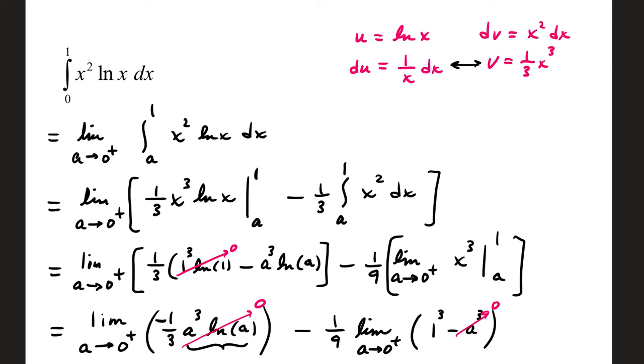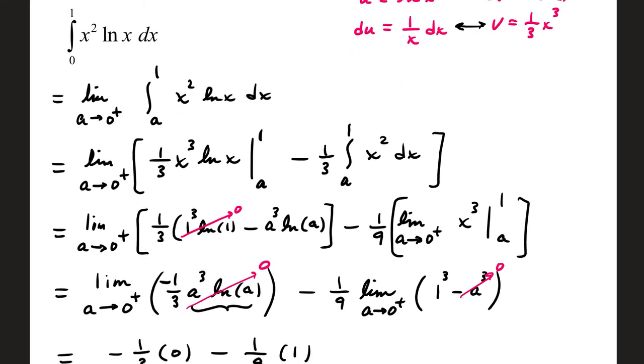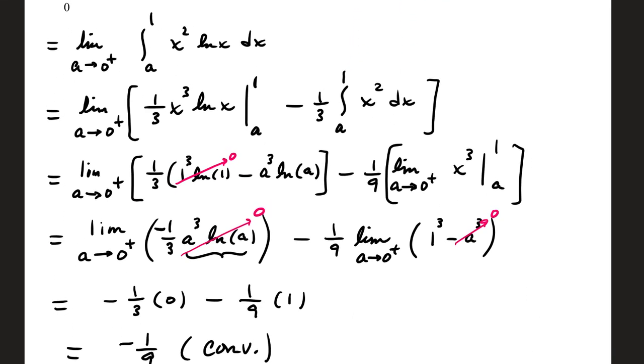So it'll approach 0, leaving us negative 1/9 times 1. Back to the front, we have 1/3 times 0 minus 1/9 times 1. And so overall we get negative 1/9, and that's a convergent integral.